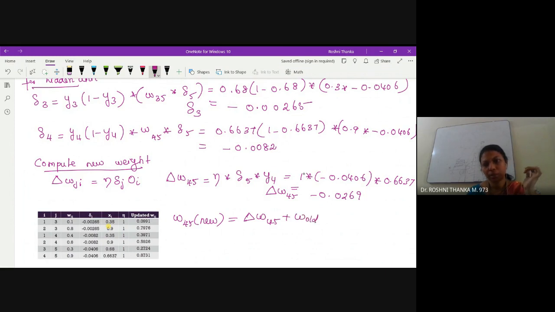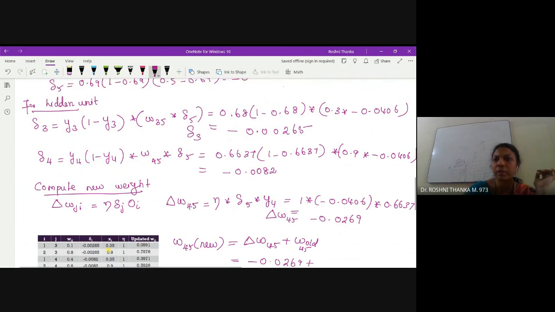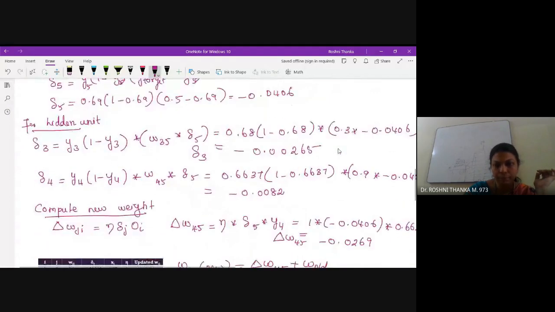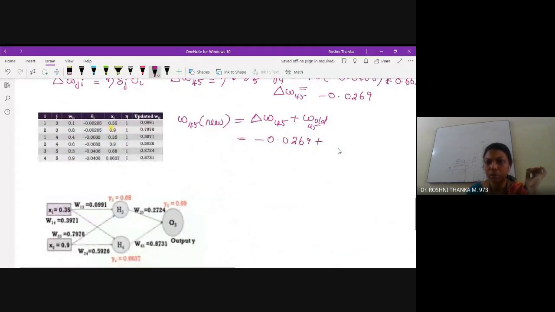So delta 45 is minus 0.0269 plus what is the old weight actually? The old weight of this is 0.9. So for W45, the answer you will get is 0.8731. So the newly updated weight for W45 is this, we got a new weight.